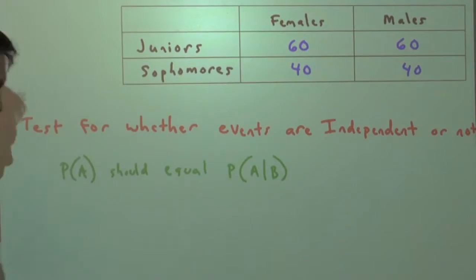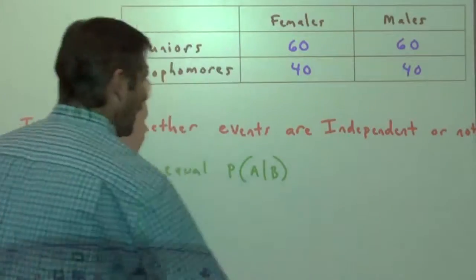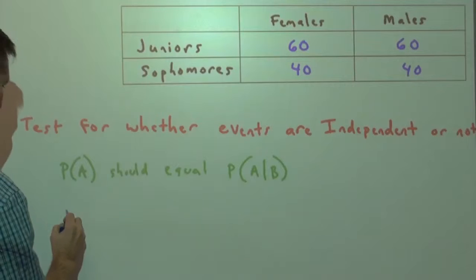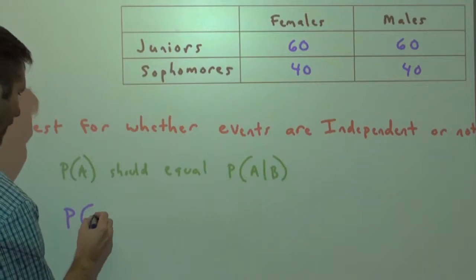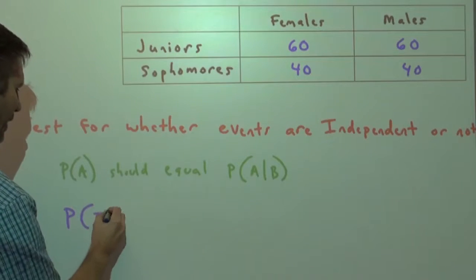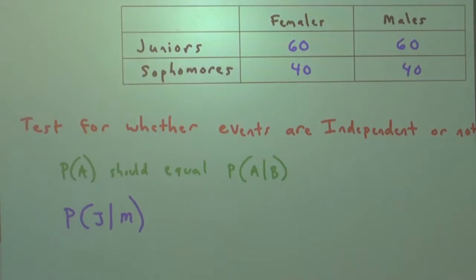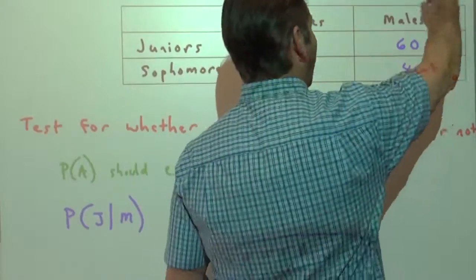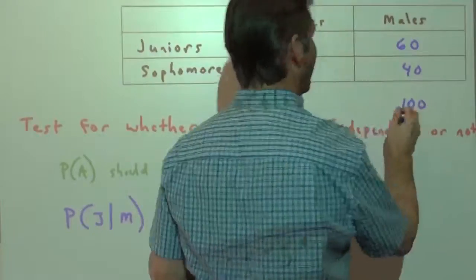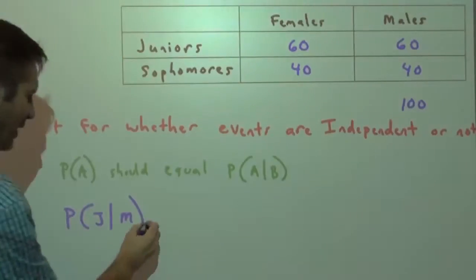Now that works this other way too. We could ask, what's the probability of getting a junior given that we randomly selected a male? Well, out of the males, there's a total of 100, and the juniors, that's 60 out of 100.